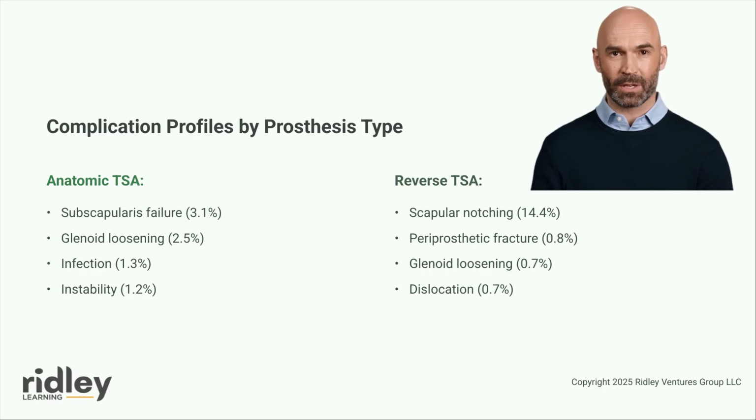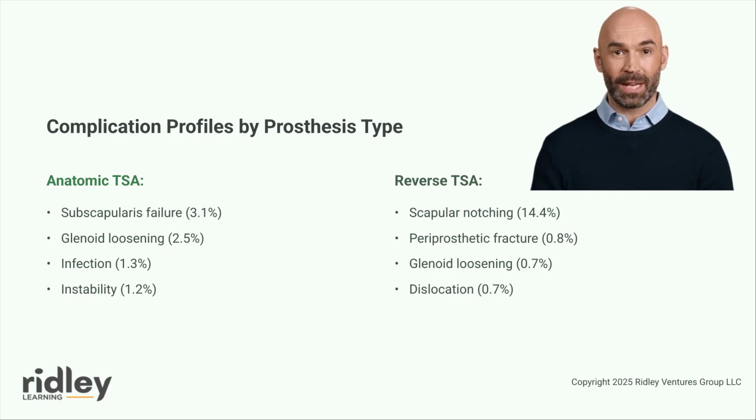Comparative studies demonstrate that complication and revision rates differ between anatomic and reverse arthroplasty, with the specific complication profile reflecting the distinct biomechanics and soft tissue demands of each prosthetic design. A 2021 analysis of over 75,000 shoulder arthroplasties from a large institutional database found that the overall complication rate was 10.7% for anatomic arthroplasty compared to 8.9% for reverse arthroplasty, and the revision rate was 5.6% for anatomic compared to 2.5% for reverse arthroplasty.